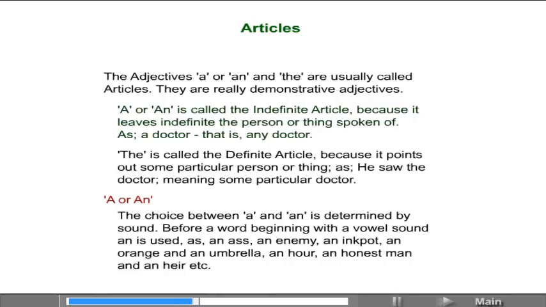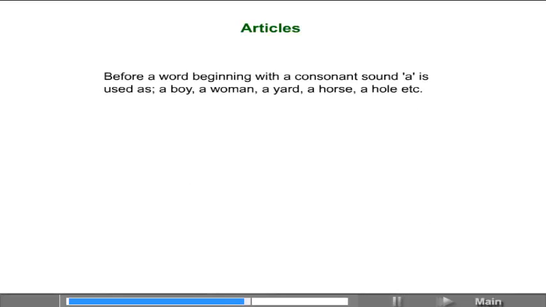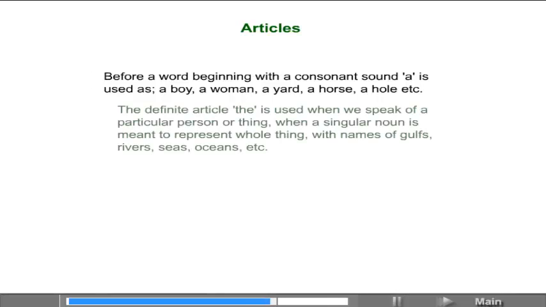Before a word beginning with a vowel sound, an is used, as an ass, an enemy, an inkpot, an orange, an umbrella, an hour, an honest man, and an heir, etc. Before a word beginning with a consonant sound, a is used as a boy, a woman, a yard, a horse, a hole, etc.